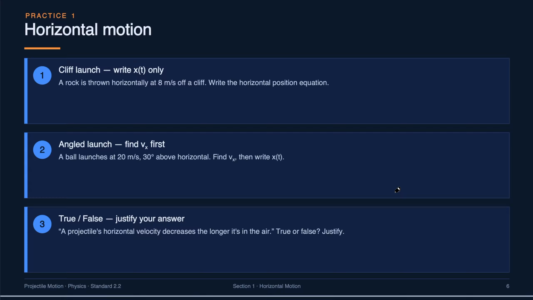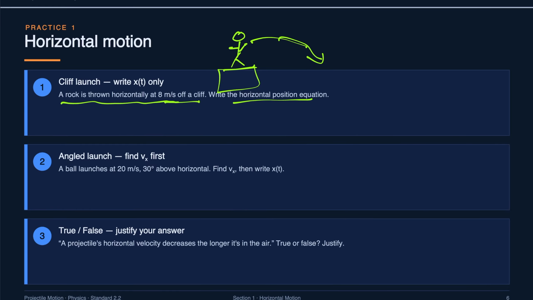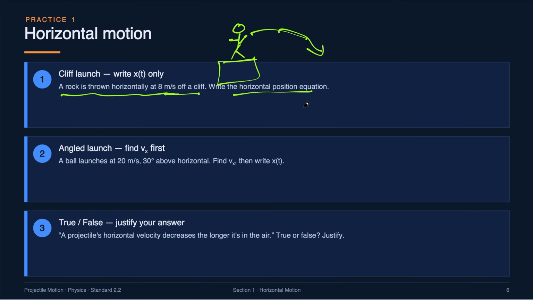Alright, let's try it out together. A rock is thrown horizontally at 8 meters per second off a cliff. So I'm over here and then I throw the rock. Write the horizontal position equation. So we know that's going to look something like xf is equal to xi plus vx t. xi is initial.